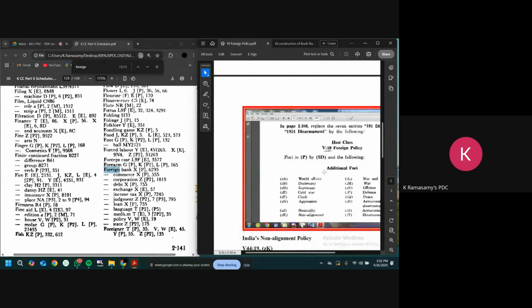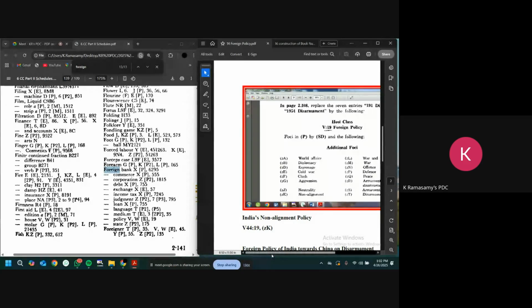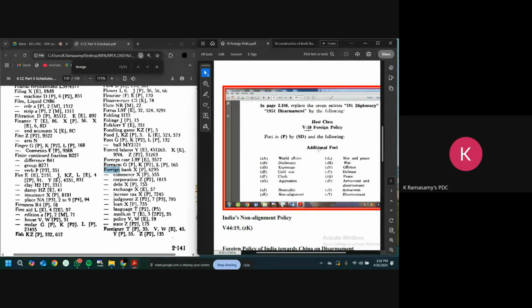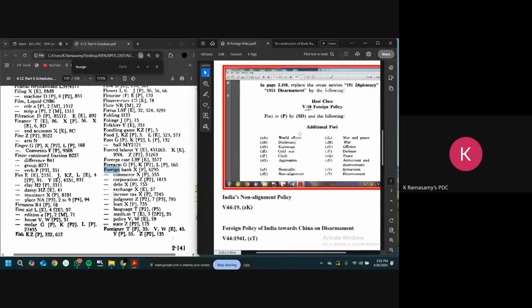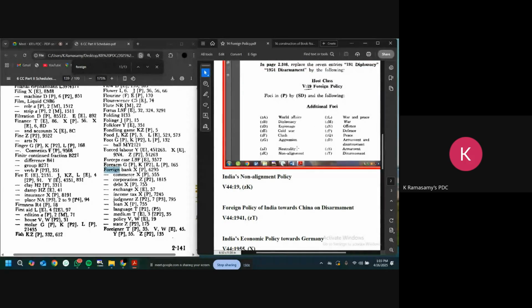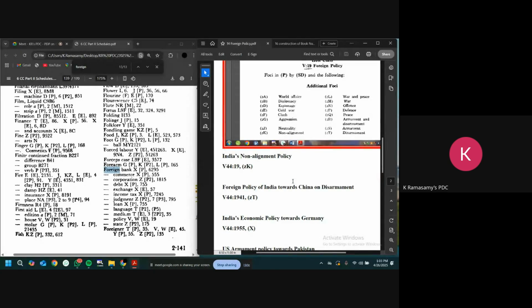See the page number in the rules part. What are the various subjects available? You can take it from here. For example, foreign policy of India towards China on disarmament. This is a title. What is the number for foreign policy? V:19. What is the first country?